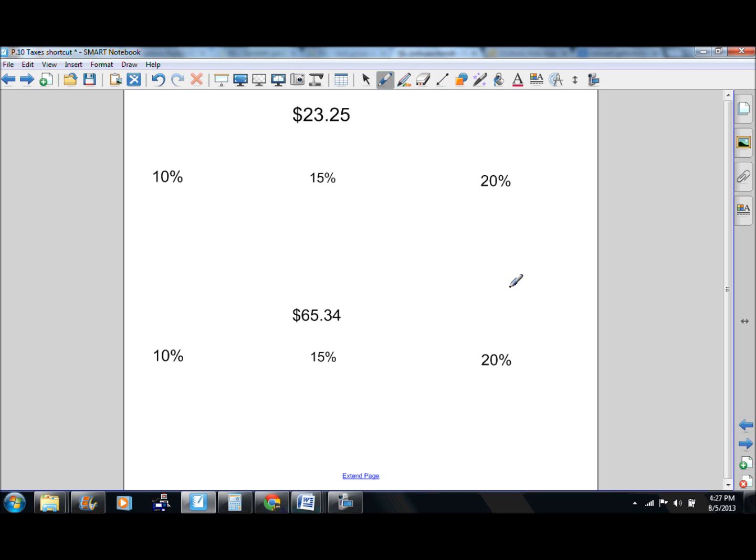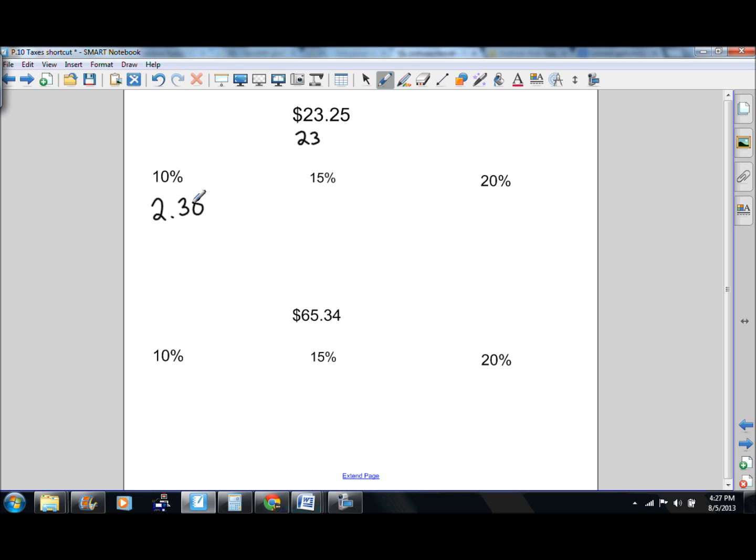So I'm going to do these two, and then you guys can work on the next couple. So the first thing we want to do is when we're dealing with decimals, we want to just ignore them. Since we're estimating, decimals don't bother us. So we're going to turn this into $23. Okay? And we want to learn 10% of that, which is just moving the decimal 1 to the left, which is 2.3, or 2.30 if we're dealing with money.